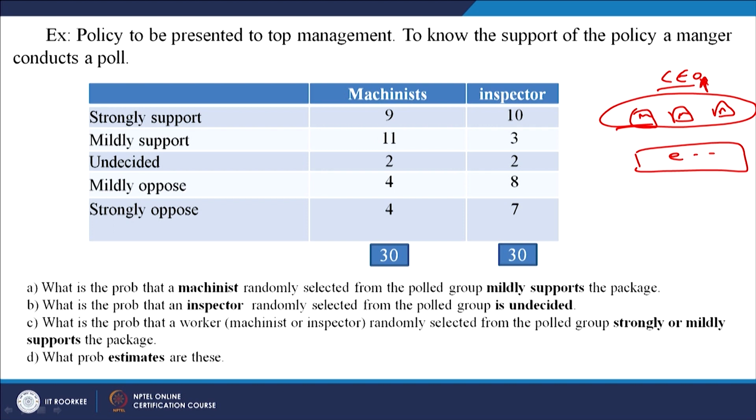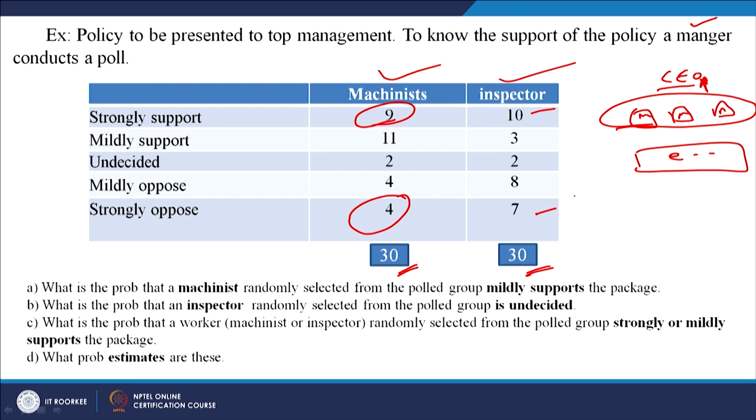But before presenting the policy to the CEO, one of the managers decided to conduct a poll amongst machinists and inspectors working in that organization. So, he contacted 30 machinists and 30 inspectors. Out of 30, 9 of them strongly supported it and 4 of them strongly opposed. Similarly for inspectors as well.